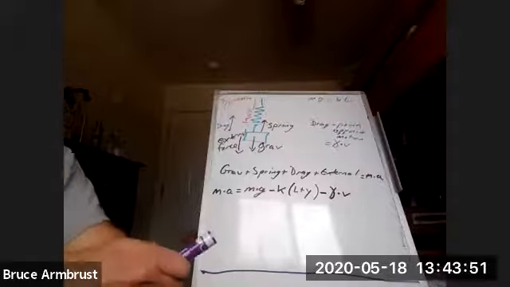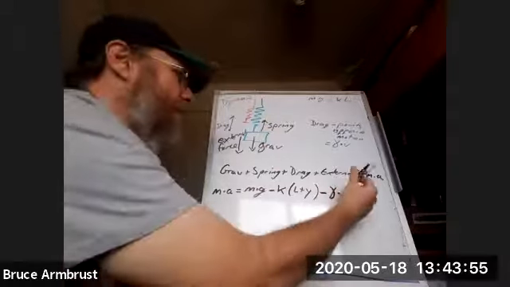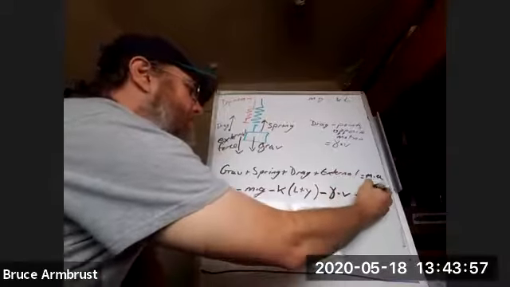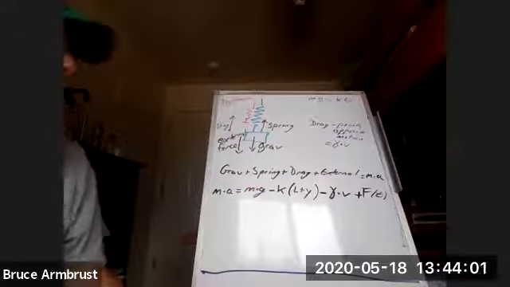All right, and then we need to have our external force, and that external force, I have no idea what it is, so I'm just going to call it F, but I'm going to put a t.